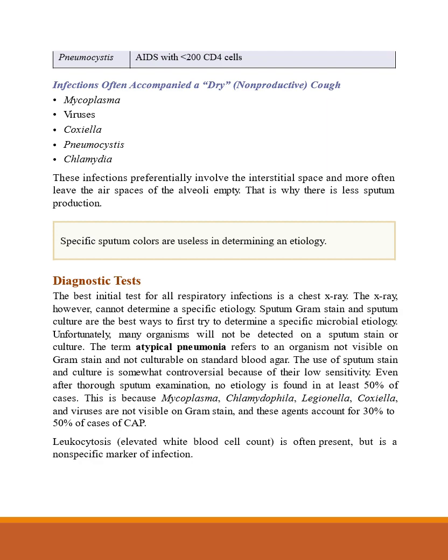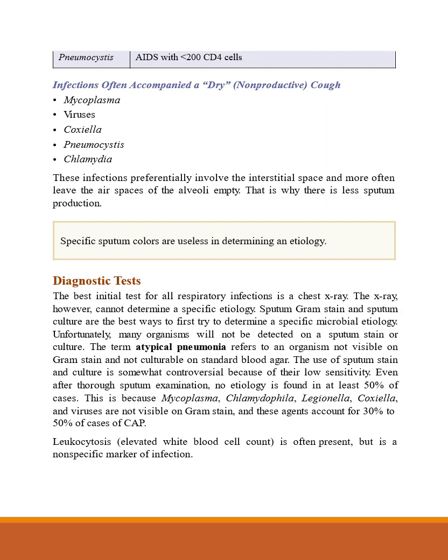Infections are often accompanied by a dry, non-productive cough, such as Mycoplasma, viruses, Coxiella, Pneumocystis, and Chlamydia. All these infections preferentially involve the interstitial space and more often leave the air spaces of the alveoli empty. That is why there is less sputum production.